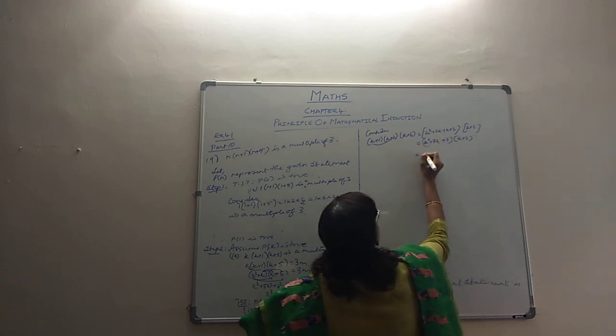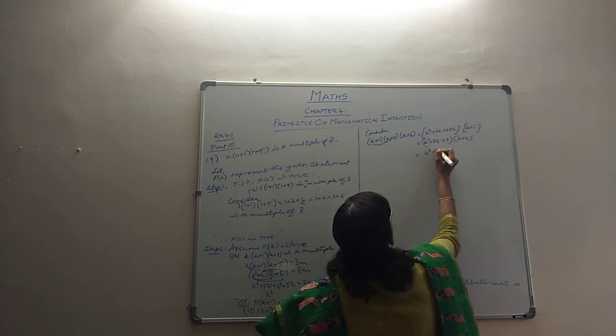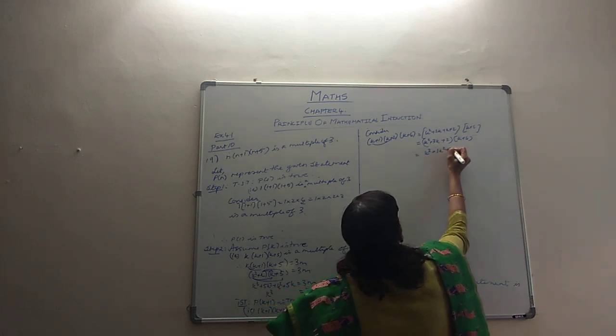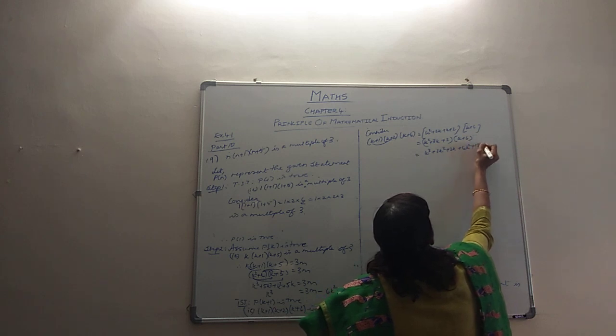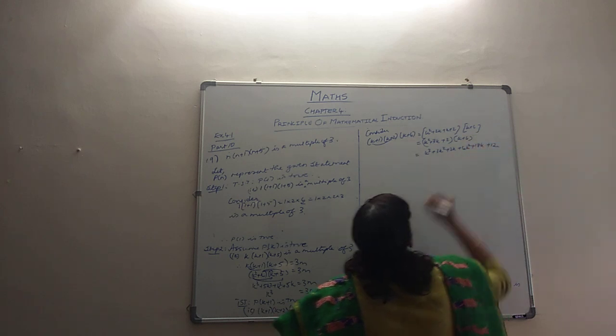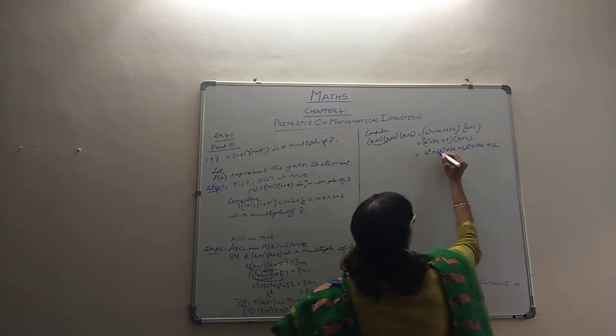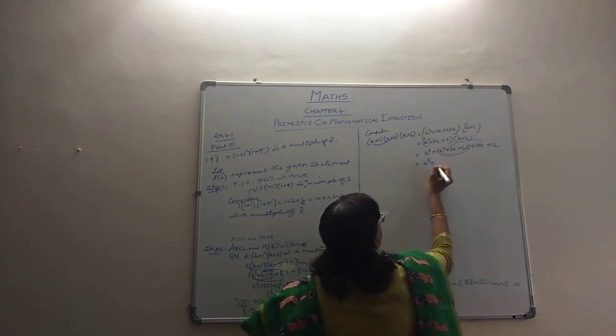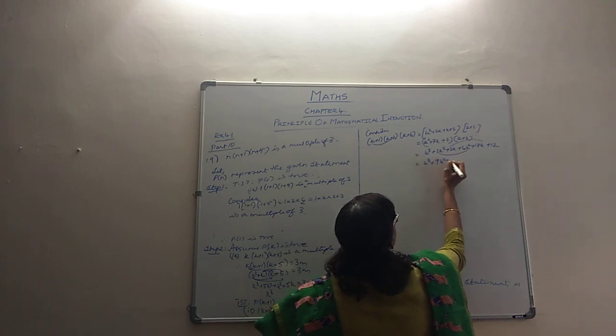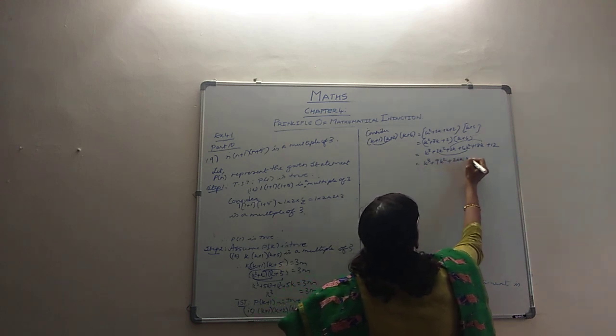On further multiplication, it's k cube plus 3k squared plus 2k plus 6k squared plus 18k plus 12. So let's see how these are coming up like terms: k cube plus 9k squared plus 20k plus 12.